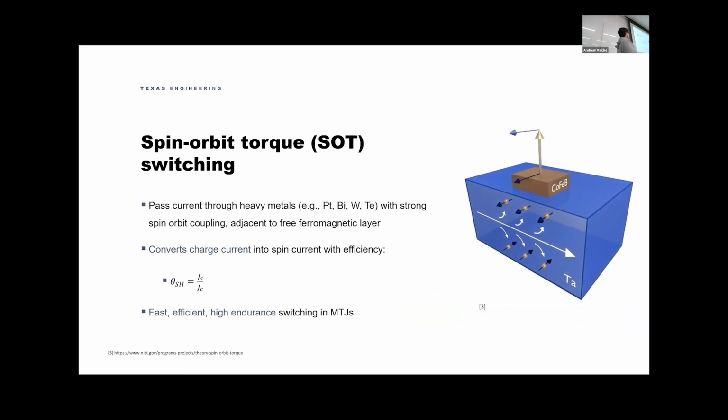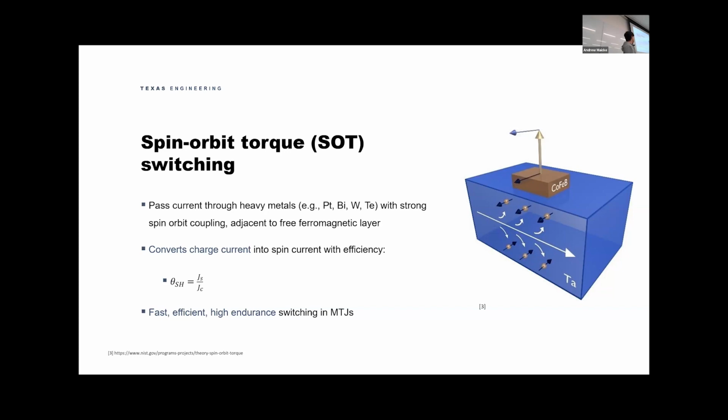And the switching mechanism that I'll be exploring today is spin orbit torque. The other of which is spin transfer torque, which is an injection of current in plane into the ferromagnetic layer. But with spin orbit torque, current is passed through a heavy metal layer adjacent to the free ferromagnetic layer.